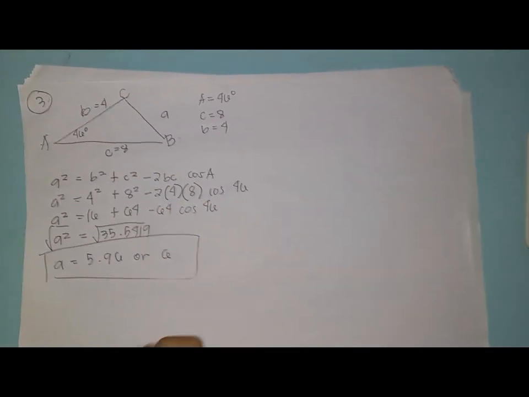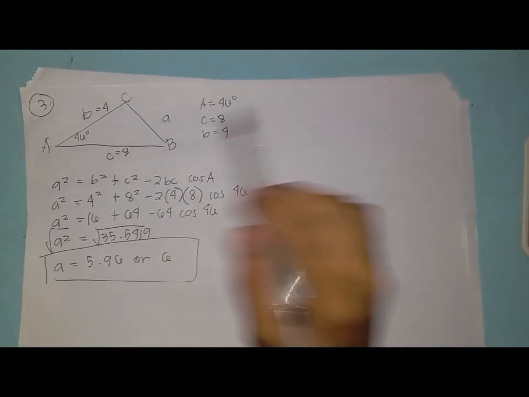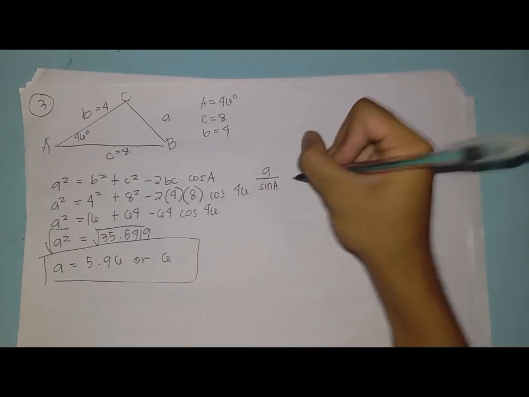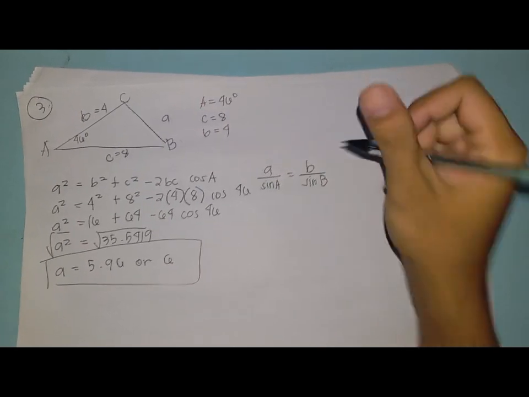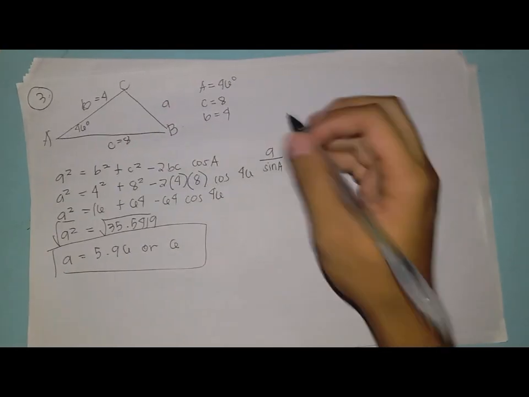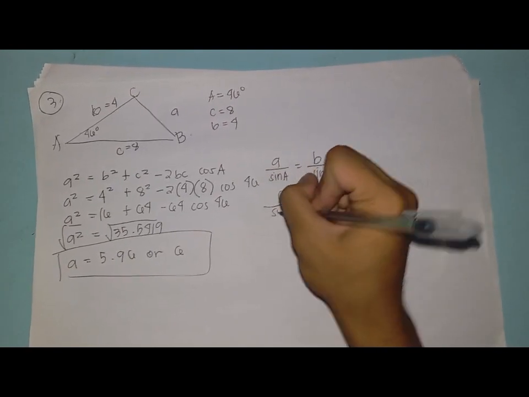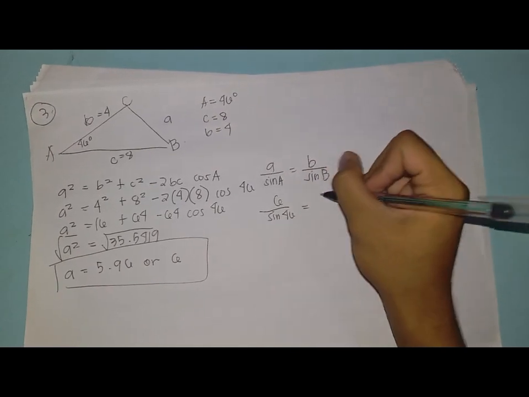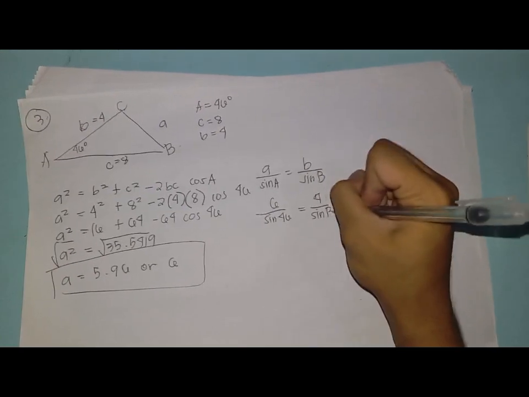Next we are going to find angle B. So sine A over A is equal to sine B over B. So substitute the value. We have sine 46 over 6 is equal to sine B over 4.